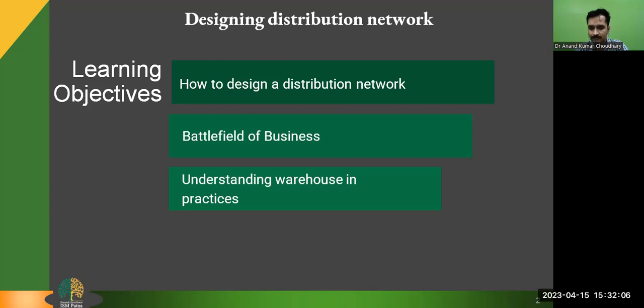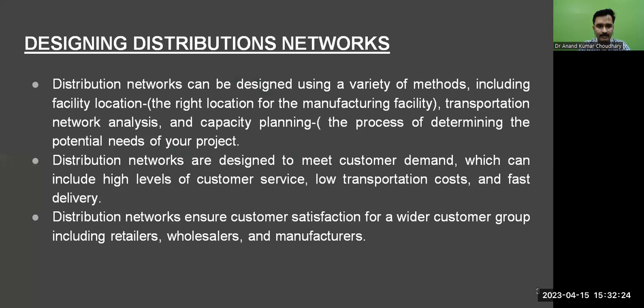Maruti is not fighting with Toyota or Hyundai. The Maruti supply chain is fighting with the Hyundai or Toyota. So this is the battlefield, and also understanding warehouse in practical life. So let's start with the slides.